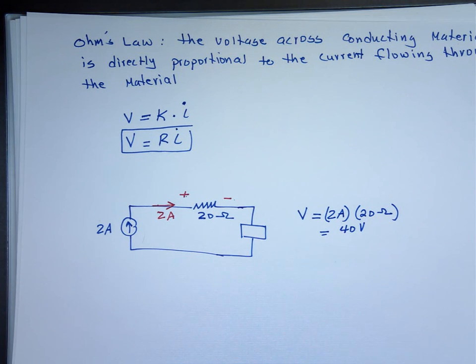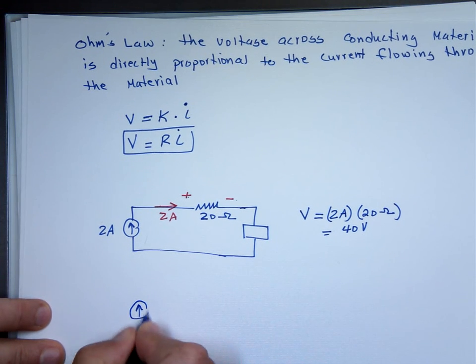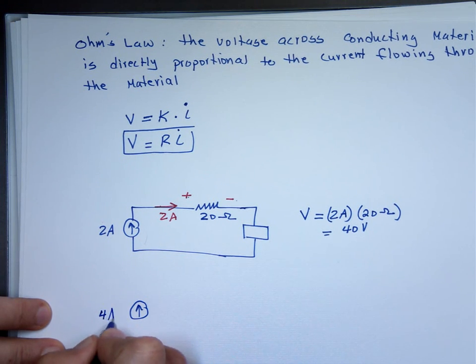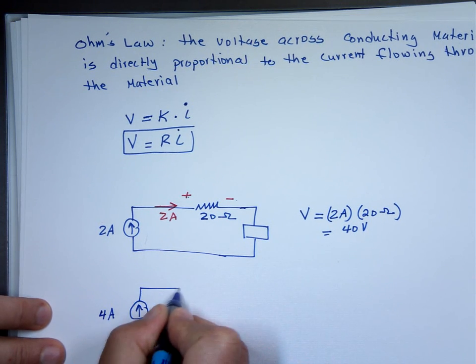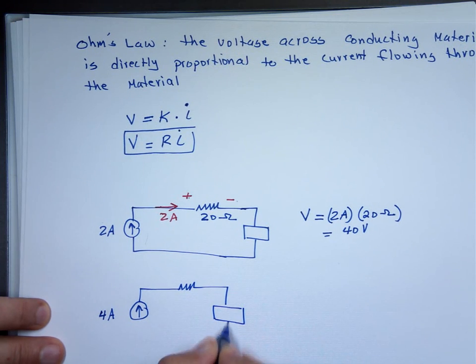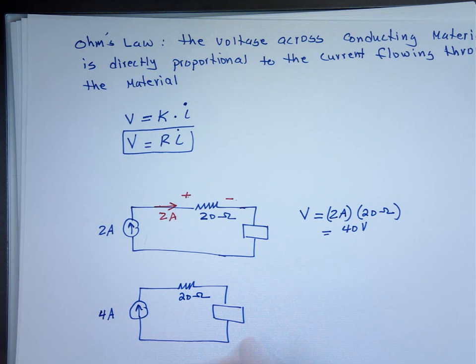Now, if I take the same current source, not the same resistor, but increase the current source to 4 amps, and put a different current source. That means the current coming this way now is 4 amps.